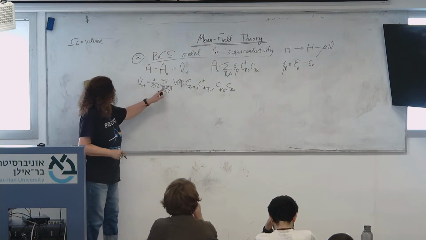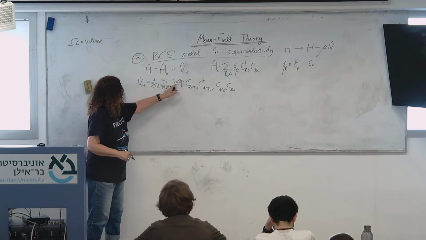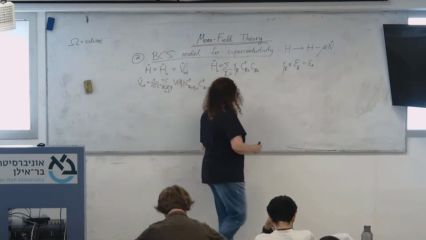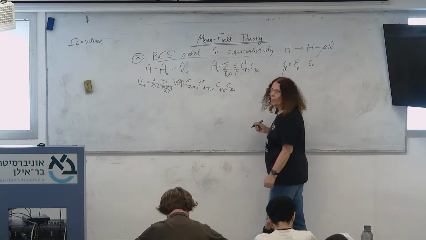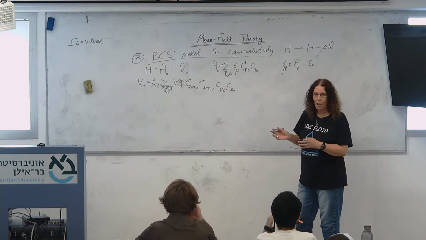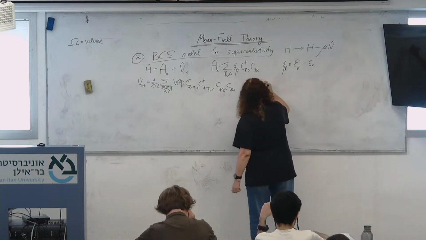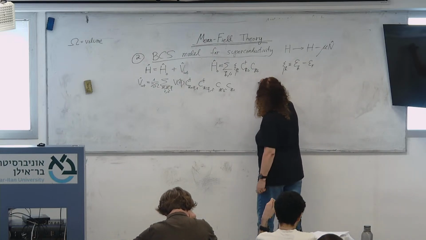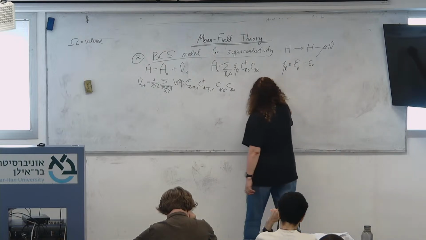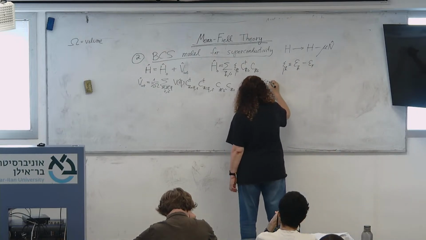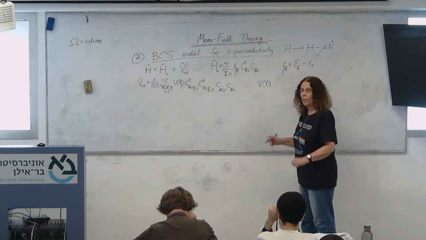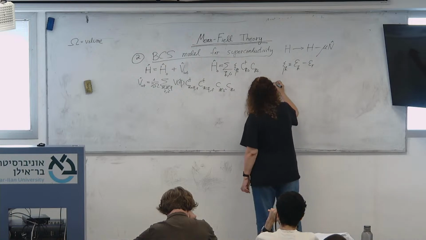And now I'm taking now an interaction that, first of all, it's attractive. So there it's a minus times some positive number. And I also want to assume for simplicity that V of R, let me first write what is the potential, interaction potential that I'm assuming, and then we'll turn it into Q space.